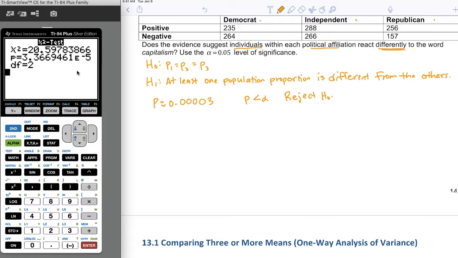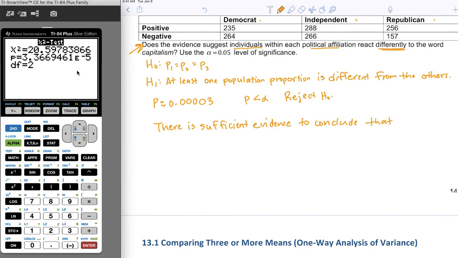Okay, so let's go ahead and write a conclusion. There is sufficient evidence to conclude that, and I'm going to restate part of this question here because I think it says it a little bit more eloquently than I would have written it myself.